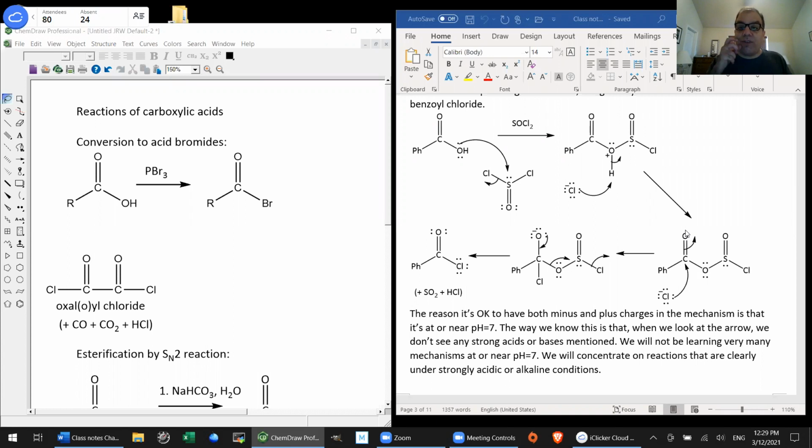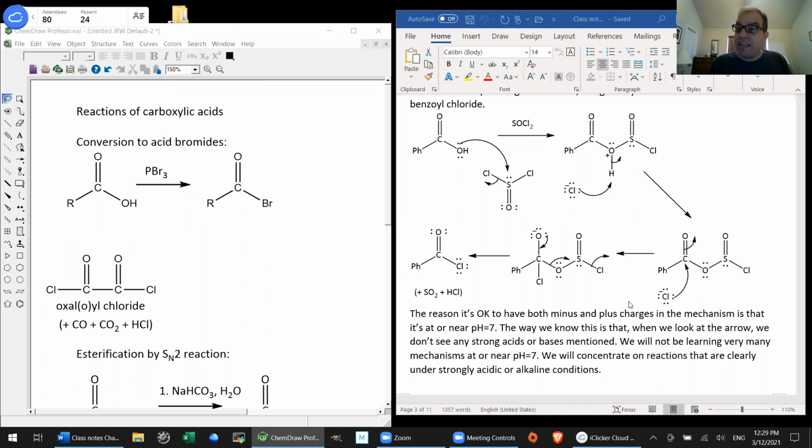Chloride isn't a particularly great nucleophile, but the thing is, after this next step, in which this whole thing collapses, you generate a molecule of SO2, which is a gas, and another chloride ion. I believe we're dead even in chloride ions. Here, I'm giving you a chloride ion. Here, I'm taking it back. Here, I'm borrowing the chloride ion from you, and here I'm giving it back to you.